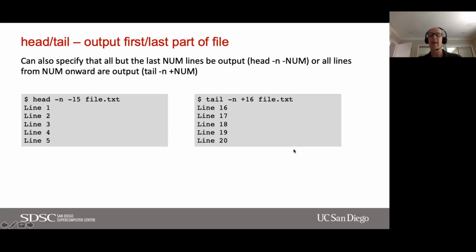And then for tail, in this case, I want to see all of the lines from 16 onward. These options, I don't use them nearly as often. It's just a bare head or tail with a given number of lines. But depending on the kind of file processing that you're doing, you might find these useful.